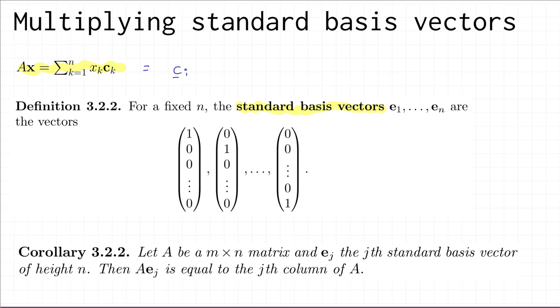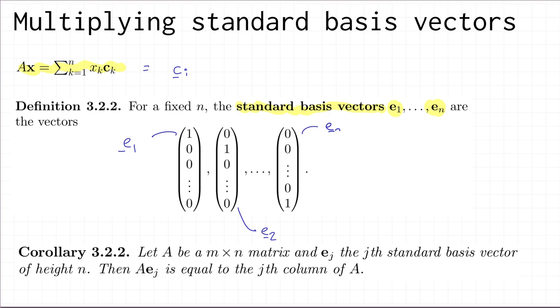So if you fix the height n, then the standard basis vectors e1 up to en are the vectors where e1 has a 1 in position 1 and zeros everywhere else. So this one here would be e1. e2 would have a 1 in position 2 and zeros everywhere else, and so on, down to this one, which will be en.